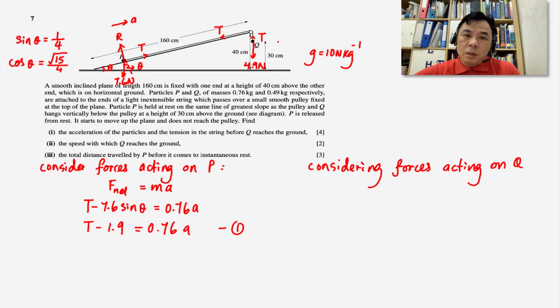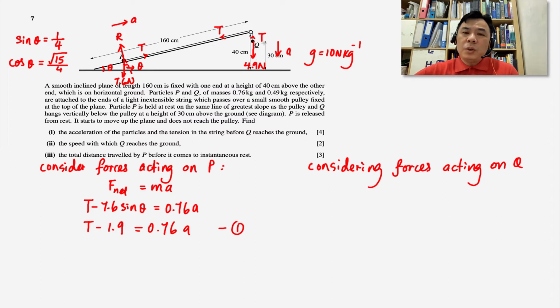And the particle Q is accelerating downward here. Now, bear in mind, Q is not under free fall acceleration. So we don't use 9.81 or 10 meters per second squared, because Q is attached to a string, so it does not fall freely under gravity. It falls due to the tension and the weight of P also, right?